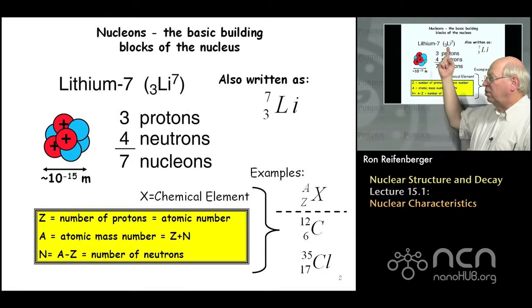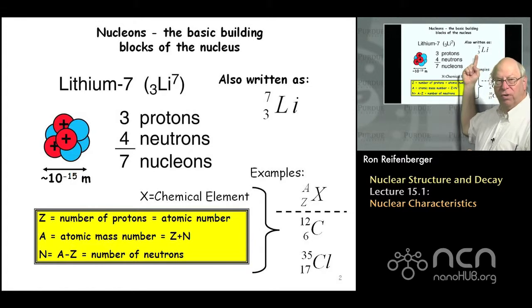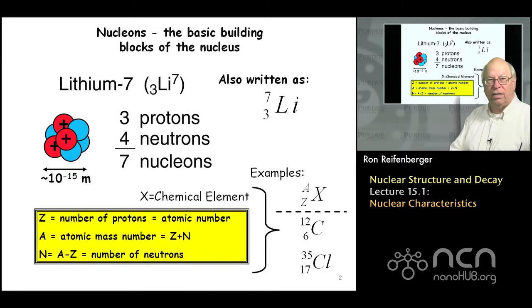So this notation is a little bit outdated. I've noticed recently the textbooks tend to write this symbolism in this form, where the numbers are now preceding the chemical element, right? So it's just a slight change in notation. So in general, to summarize, the symbol X is going to represent a chemical element.